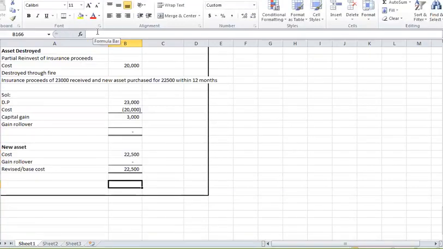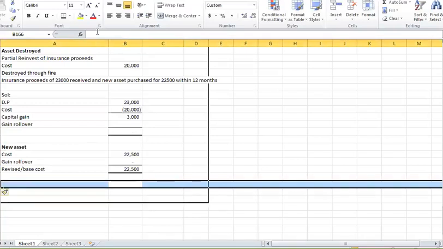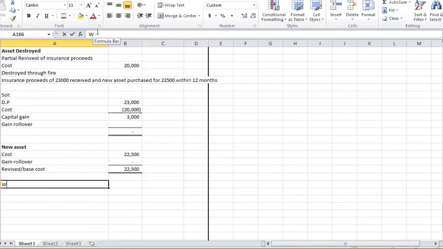So students, in this situation, we need a working over here. So what is that working? The working will be for the chargeable gain.